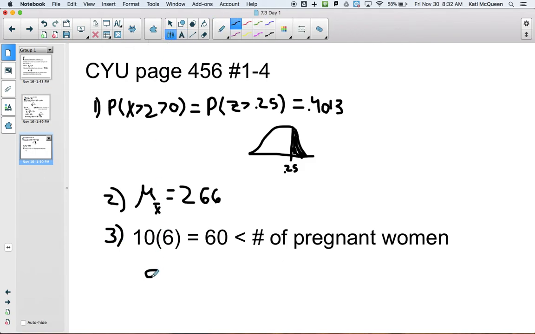So the standard deviation of x bar is going to be equal to my original standard deviation, so 16, divided by the square root of my sample size, which is 6. So in other words, we get 6.532.